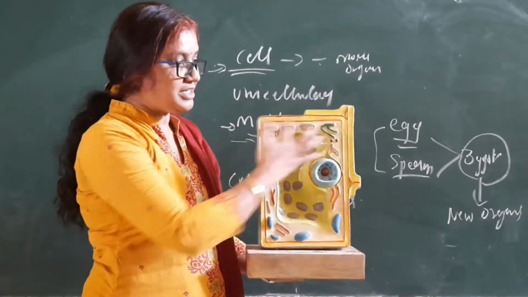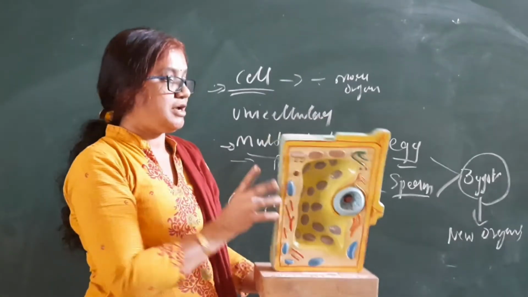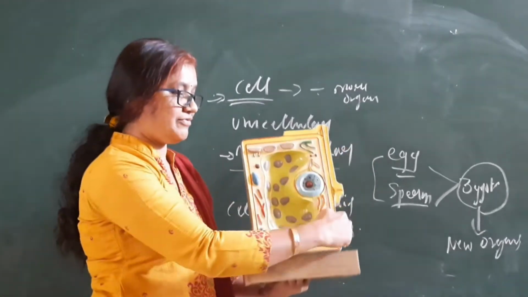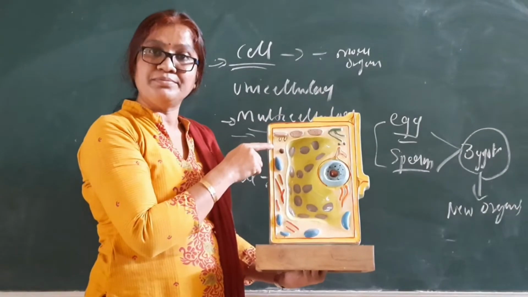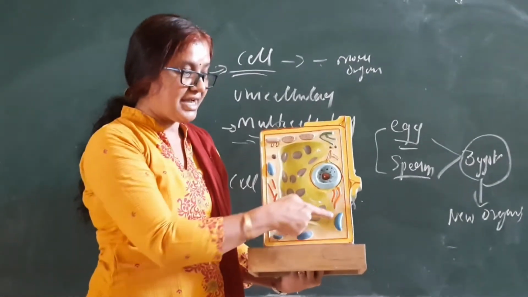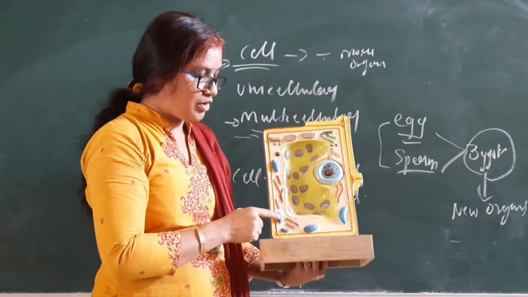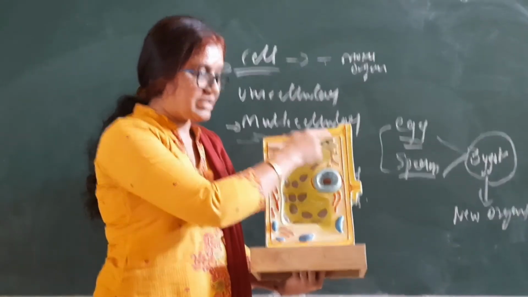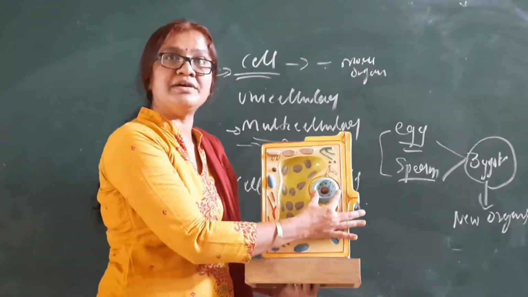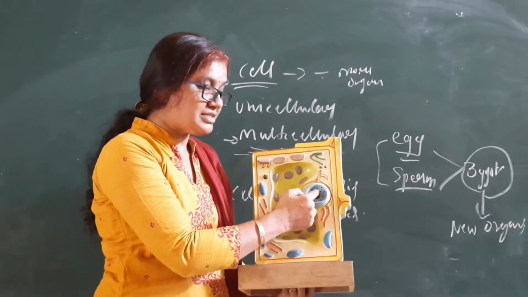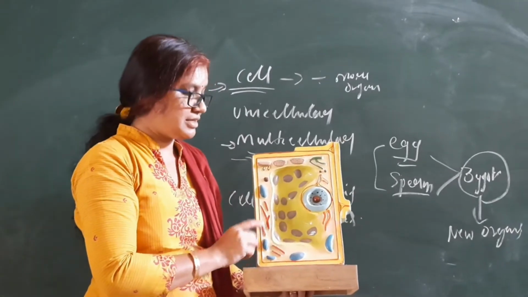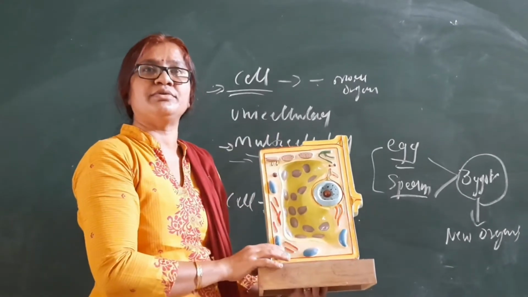As you can see, it is rod shaped and has a cell wall, a large vacuole, mitochondria, chloroplast, endoplasmic reticulum and nucleus. Within the nucleus there is a nucleolus, and there is a very large vacuole.